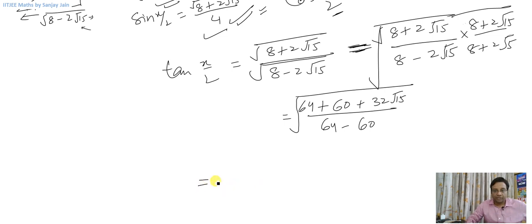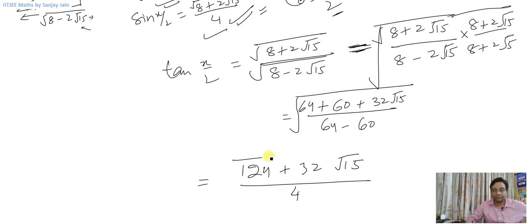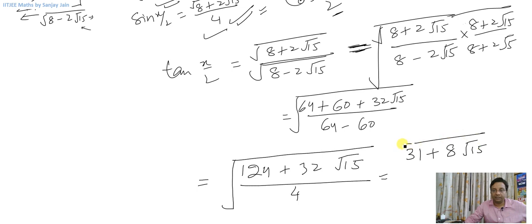So the numerator has become 124 plus 32 root 15 divided by 4, right? So if you see, every term is divisible by 4. So this will be 31, this will be 8 root 15, and then square root. This is the value of tan x by 2.